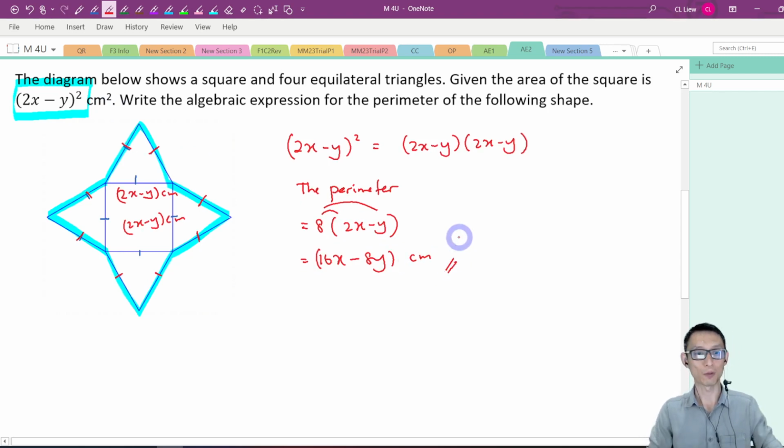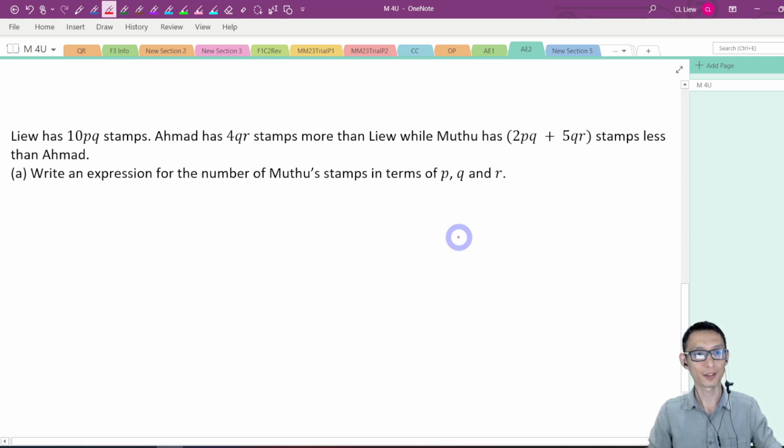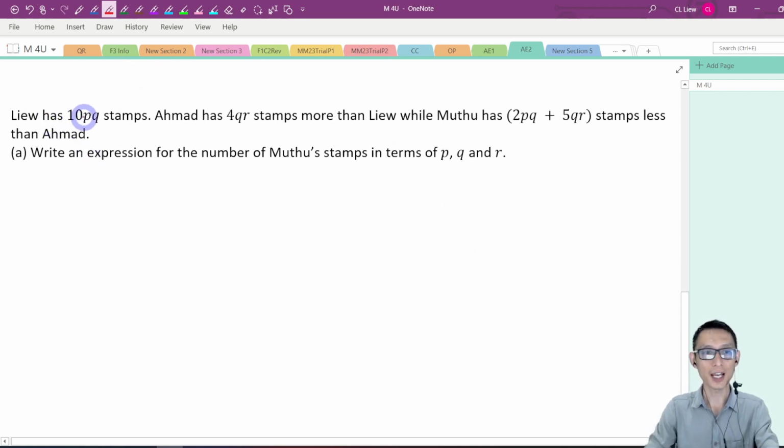Okay, let's try one more question. Liu has 10PQ stamps. Ahmad has 4QR stamps more than Liu, while Mutu has 2PQ plus 5QR stamps less than Ahmad. At the beginning, after reading this sentence, you might feel a little bit confusing, right? So let's just simplify the question.